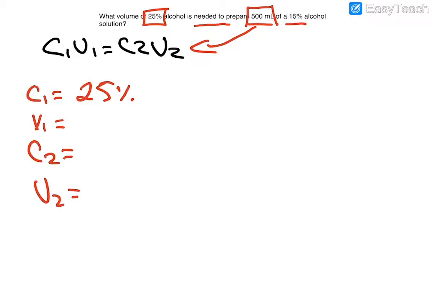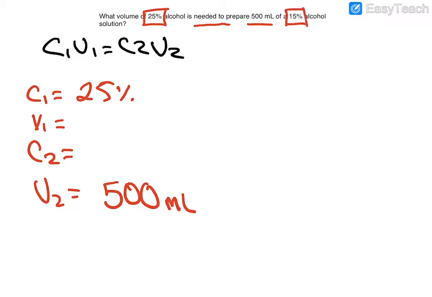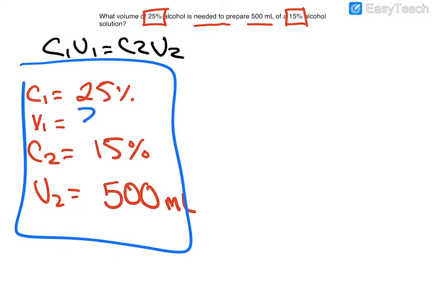We want 500 milliliters of a 15% alcohol solution at the end. So we can put in 500 milliliters for our final volume. Now this 15% is our final concentration that we want, so we can plug that in right here at C2, 15%. So now we have one blank spot in our little setup here.